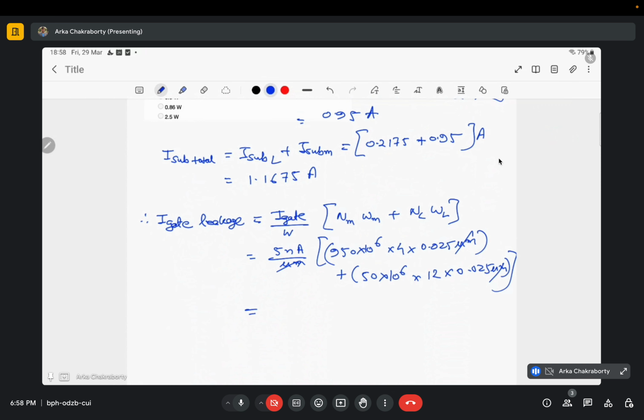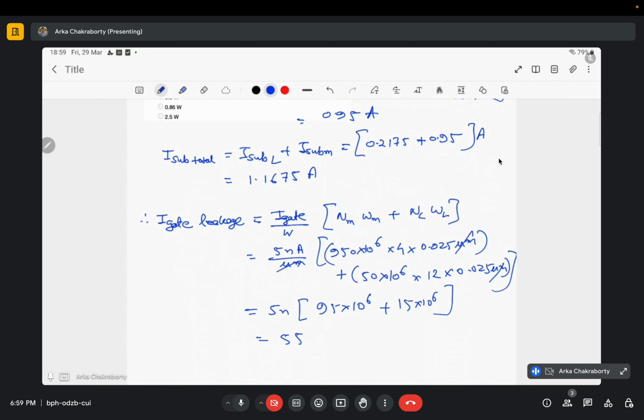So it will come as, not 10 to the power 9, it will be how much? 5 nano into 95 into 10 to the power 6 plus 15 into 10 to the power 6, 110, so 550.